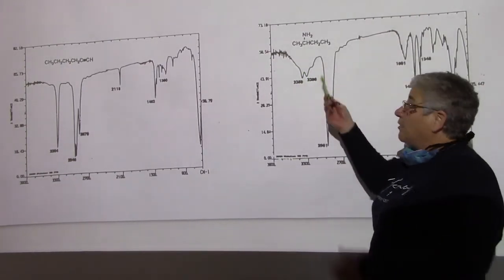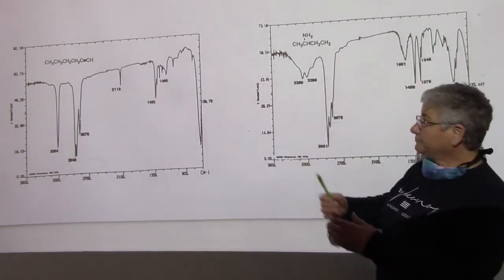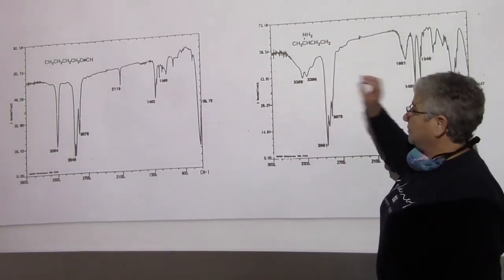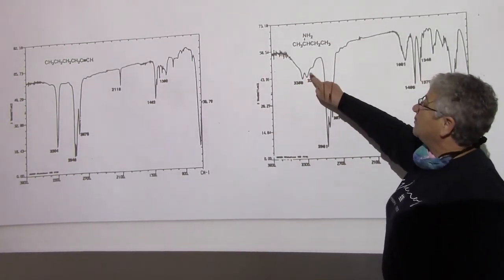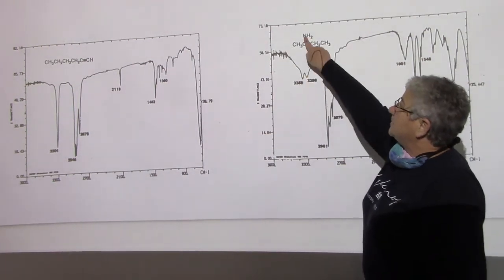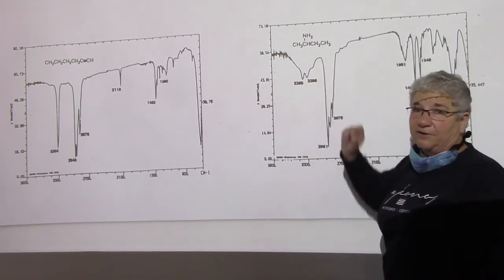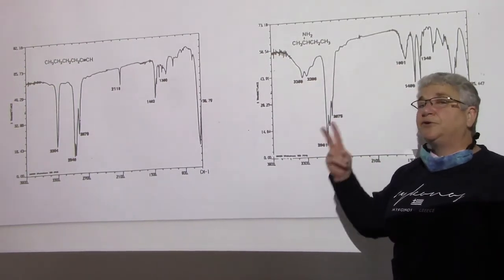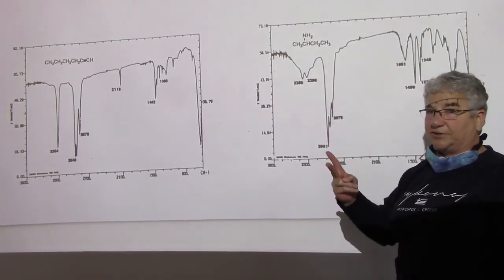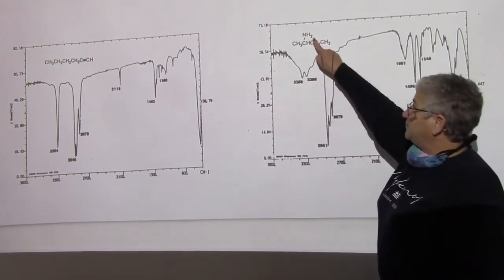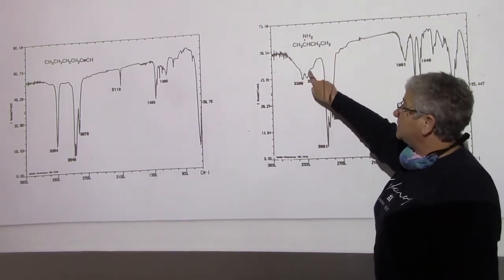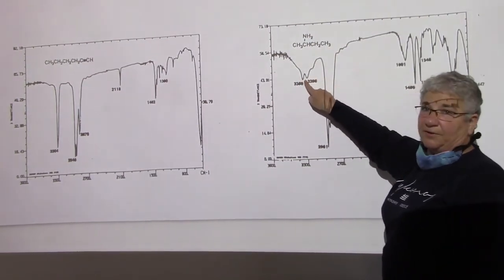I call this a cow udder, because that's what it quickly looks like to me. This is indicative of an amine, and if you have two little peaks here, then you have two hydrogens on your nitrogen. So if I have two hydrogens on my nitrogen, I'll see two little peaks here.